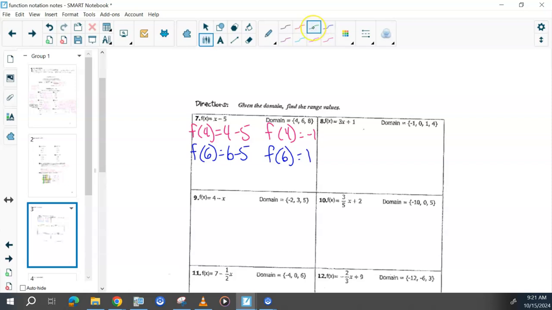And then the last one, f of 8. So then I would write my final answers. Because my domain was given to me like this, I want my range, my y values, to be written the same way. So my range is going to be in set notation, curly brackets, least to greatest. So -1, 1, 3.